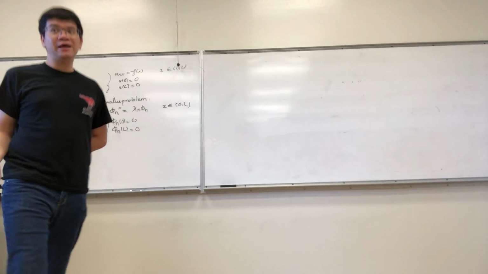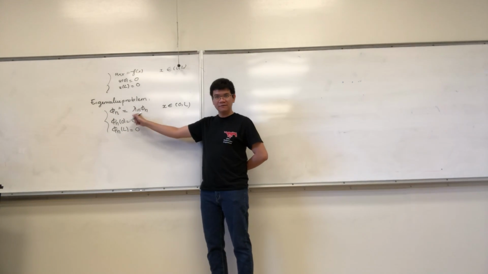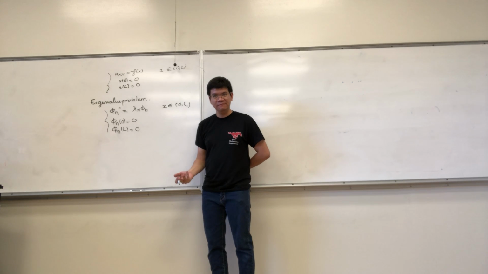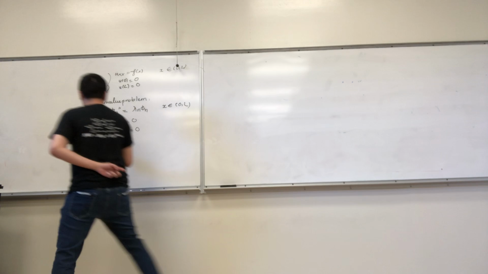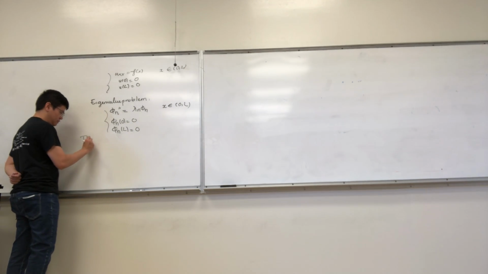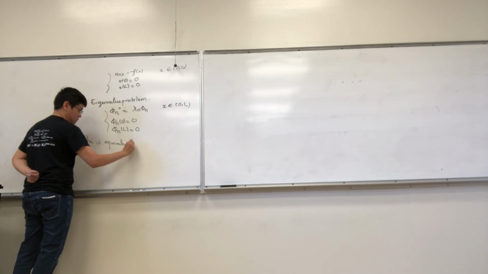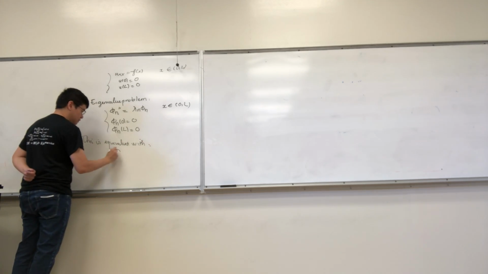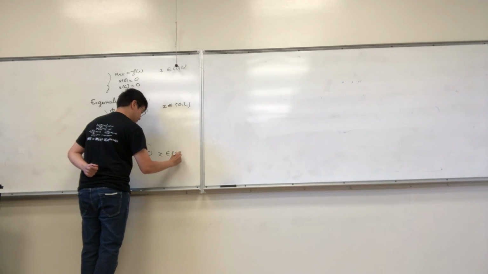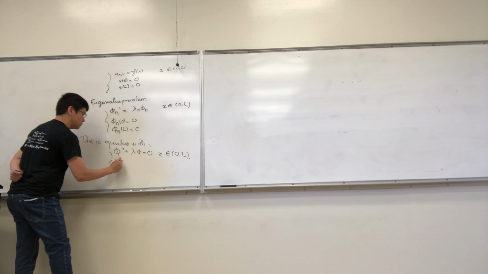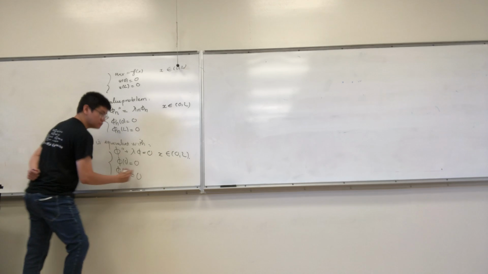So in this problem, I put the n, and you have lambda, but it's going to be the same if I ask you to do the following problem. This is equivalent to phi double prime plus lambda phi is 0, x from 0 to L, phi of 0 is 0, phi of L is 0, right?